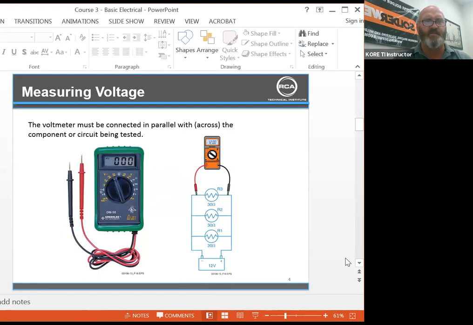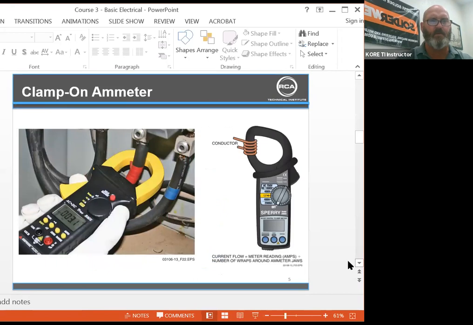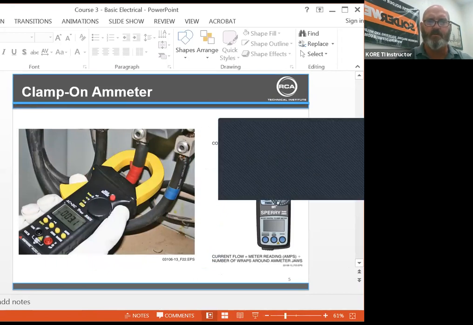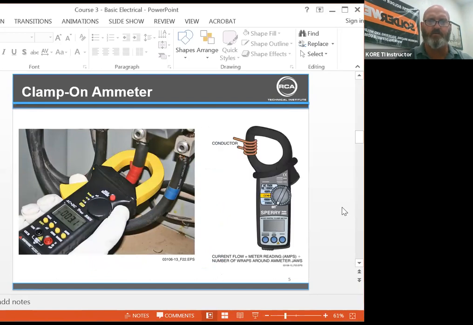The voltmeter must be connected in parallel across the component or circuit being measured. Here's a clamp-on ammeter. You can see the conductors wrapped around here.